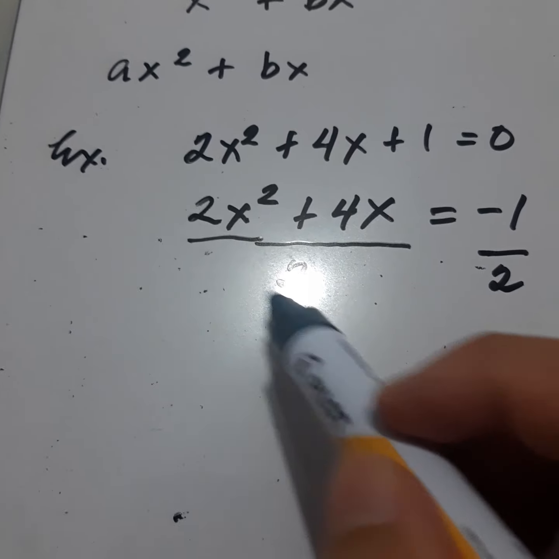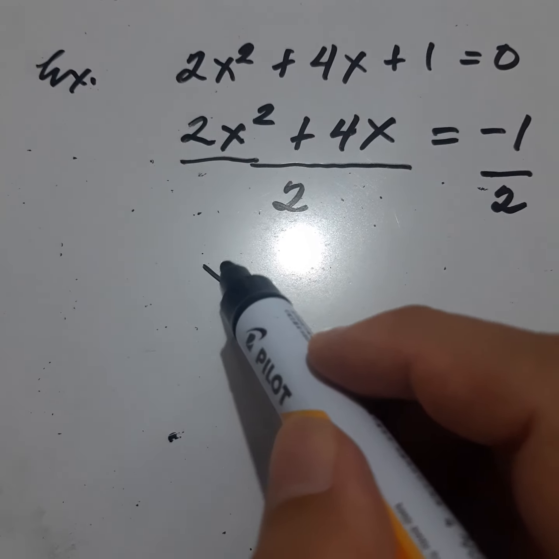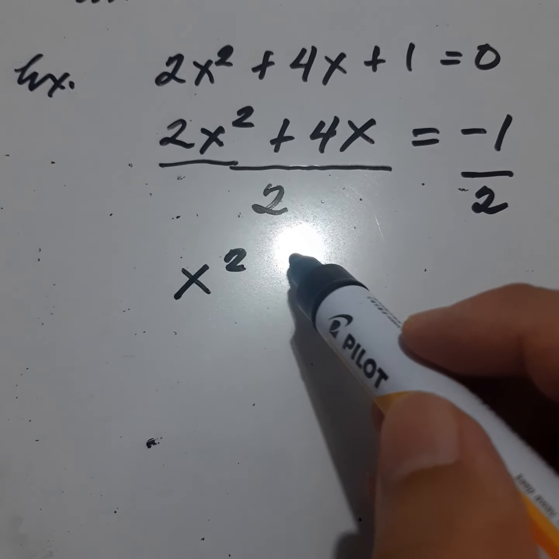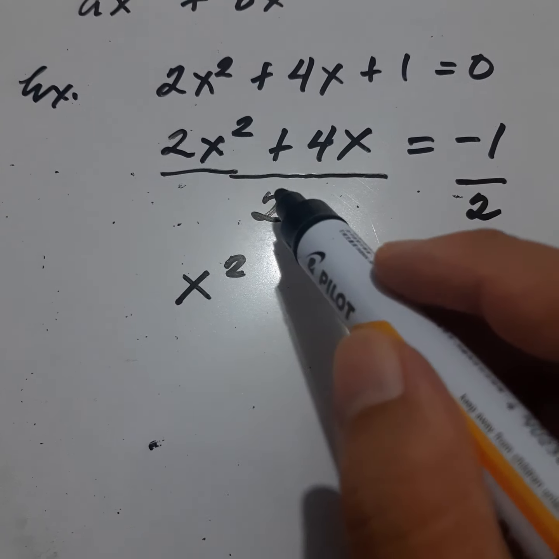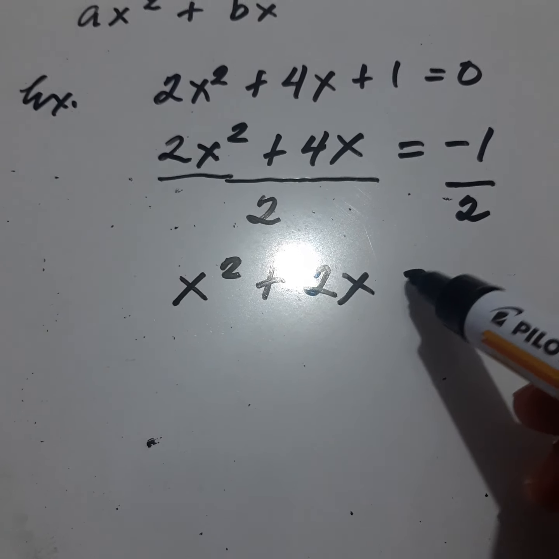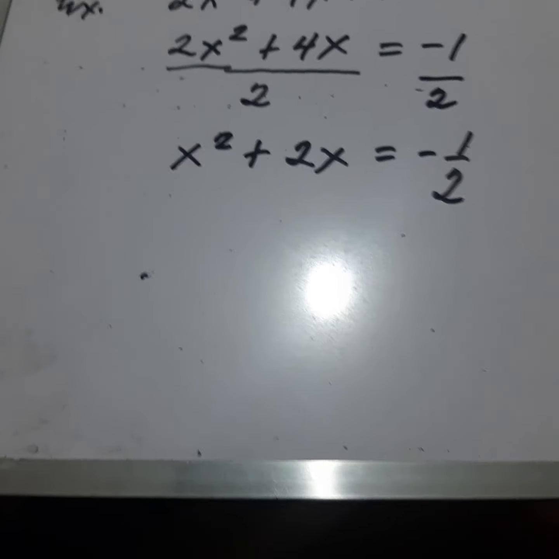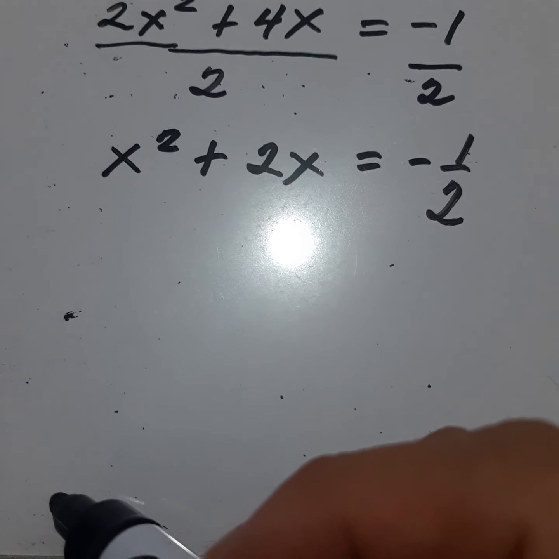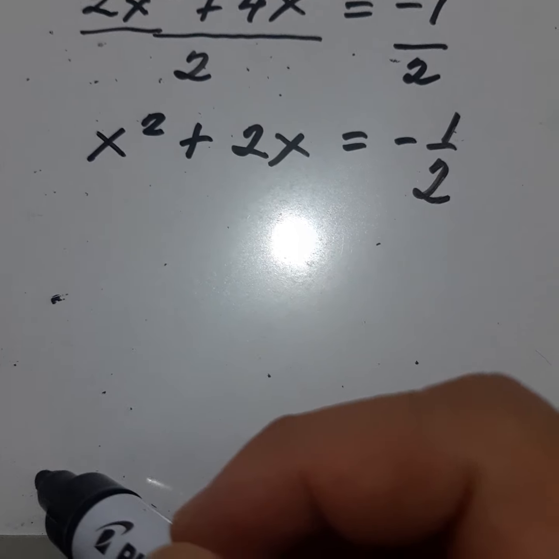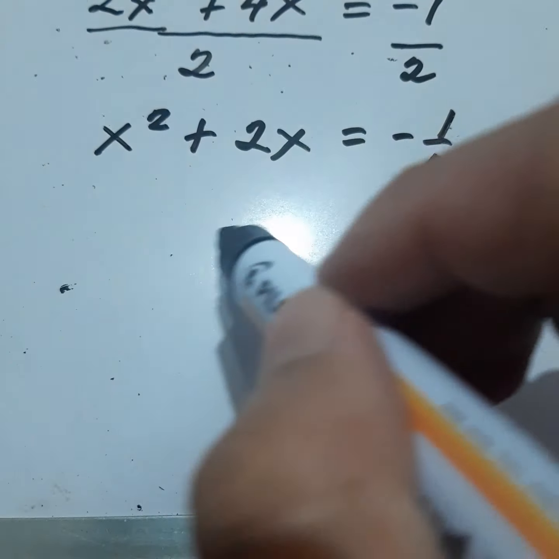So, this will become 2 over 2 is 1. So, we have x squared as our first term. And then 4x divided by 2 is positive 2x equals negative 1 half.